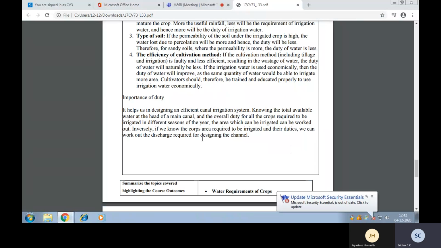That is the main goal of the entire system design for the supply of water. Knowing the total available water at the main canal, we have to find the duty for all crops required to be irrigated in the different seasons.